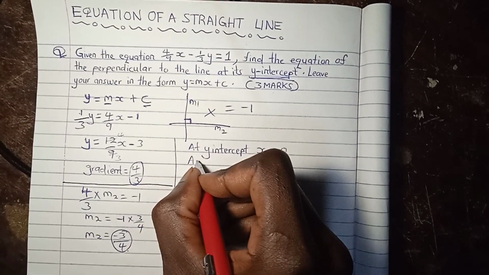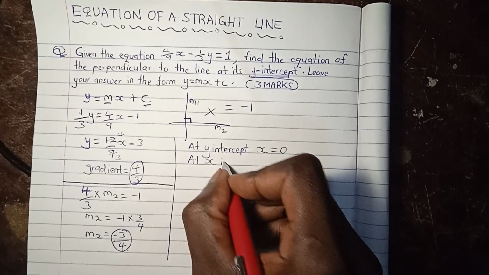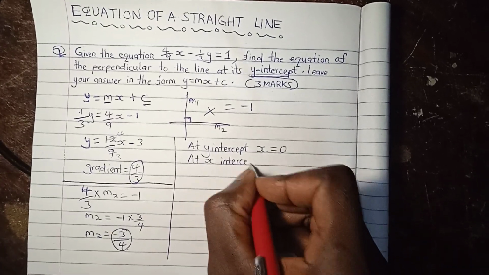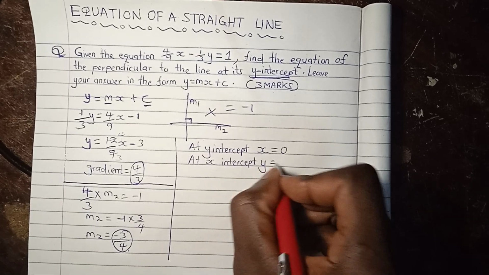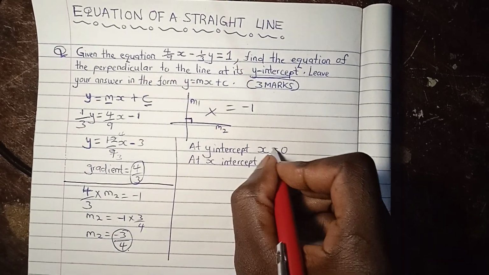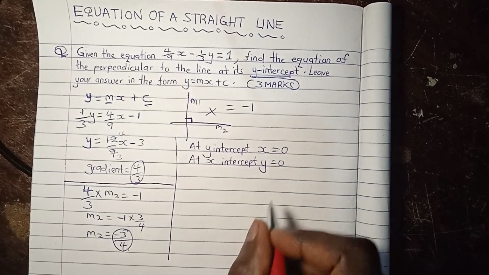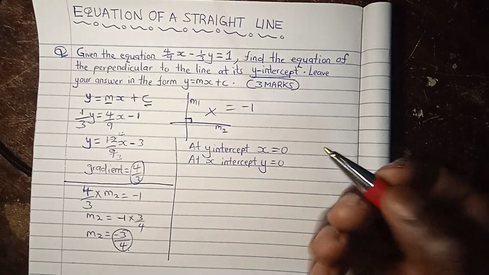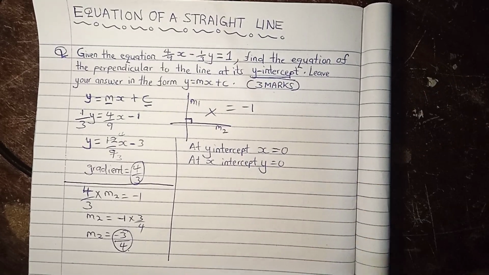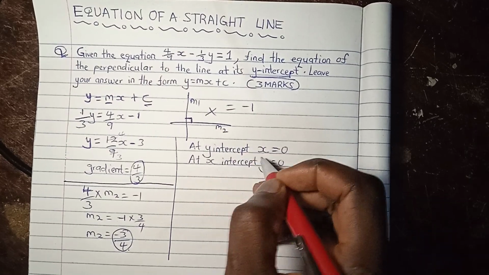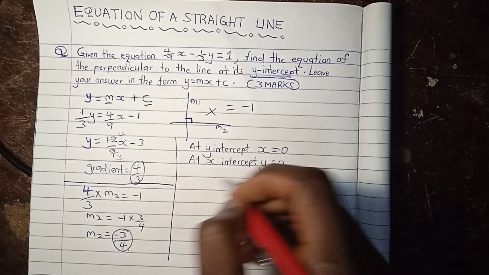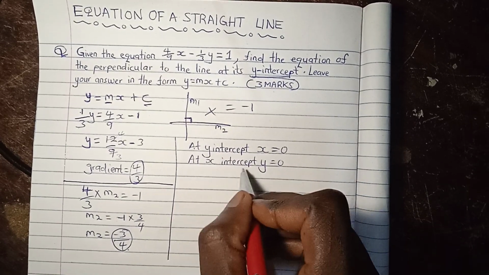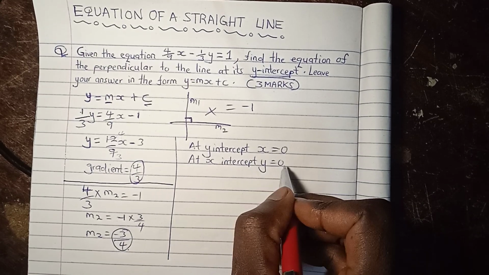At the x-intercept, y is equal to 0. The intercept means where the line meets the axis. When a line meets y, x is always 0. When a line meets the x-axis, y is always 0.